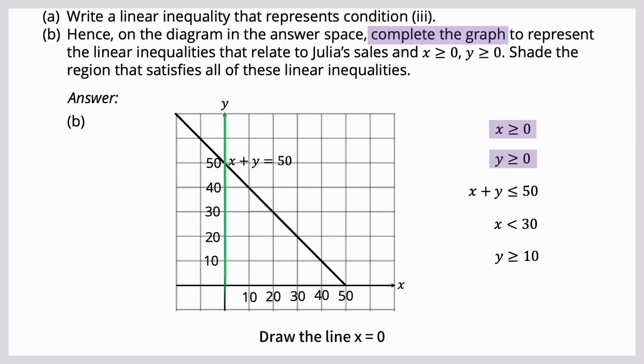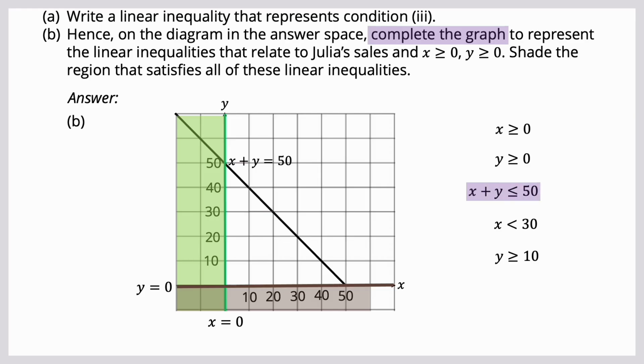Draw the line x equals 0. Shade the unsatisfied region. Shade left of the line. Draw the line y equals 0. Shade the unsatisfied region. Shade below the line.